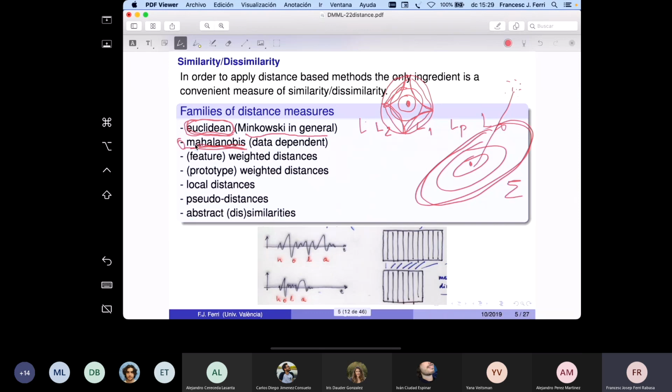But in general, when we say Mahalanobis distance, we have a matrix A that takes the role of this covariance matrix. No matter which matrix this is, as long as it is positive semi-definite, we have a distance which is measured like this.